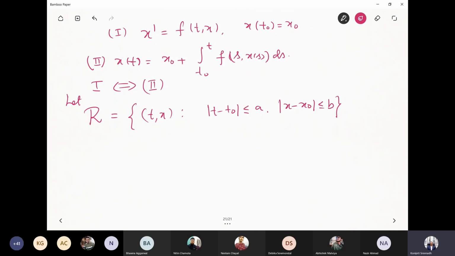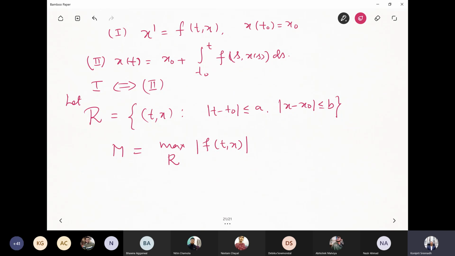Since we are assuming that f is a continuous function, and moreover Lipschitz continuous, there will be a constant m, which is the maximum over R of |f(t, x)|.